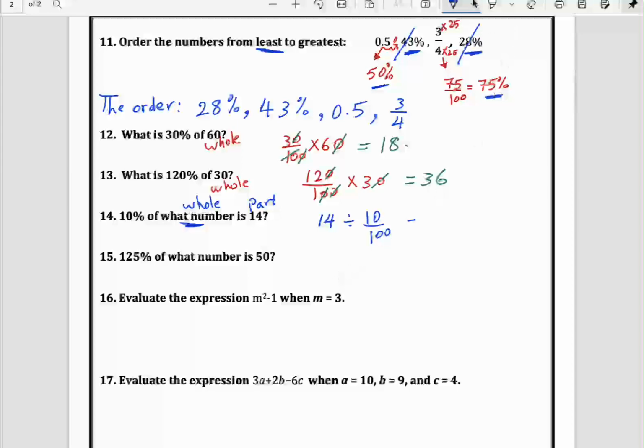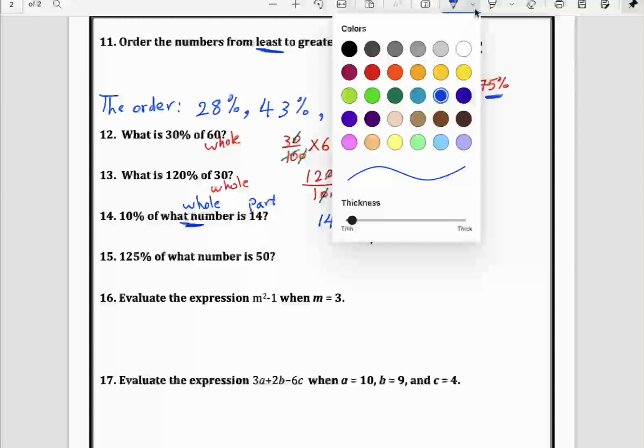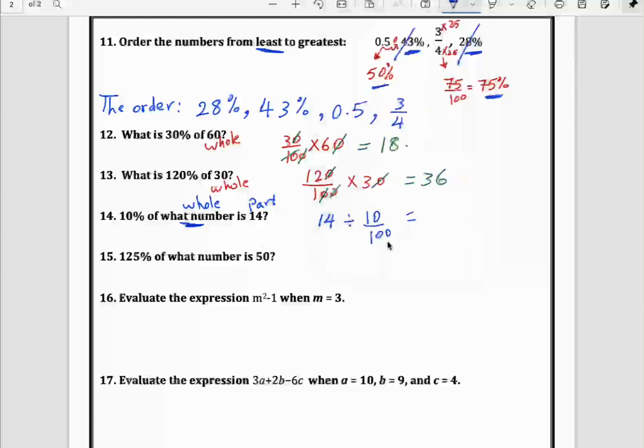And now simplify it. We can remove the 0 and, sorry, I need to do one more step first. The step that I should do now is rewriting the division as multiplication.